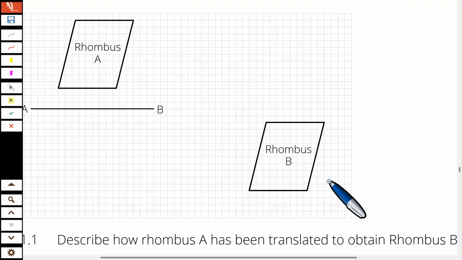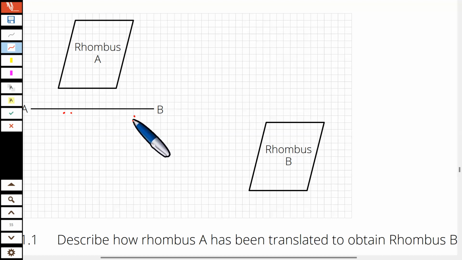I always give you a chance to think about it. So in other words, the rhombus was translated by 28 units to the right. Because if you look very carefully, you realize that it was moved here. So let's take this one here.